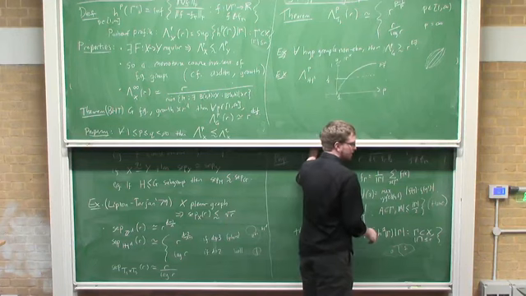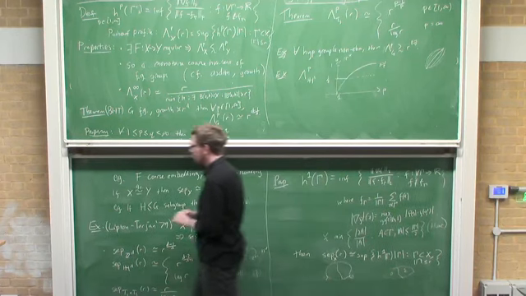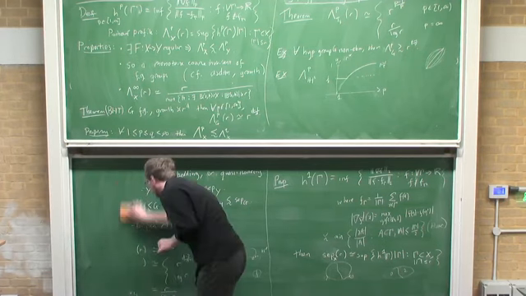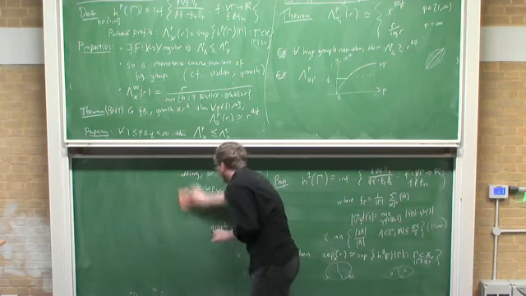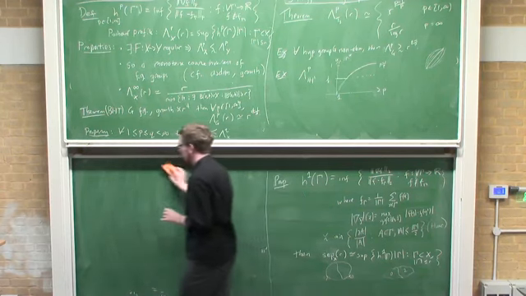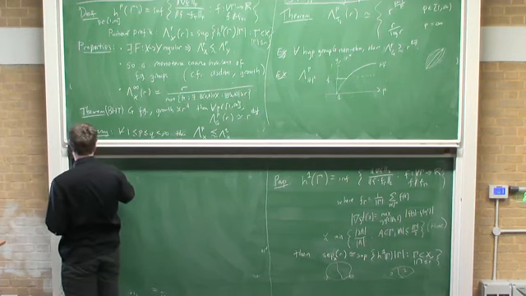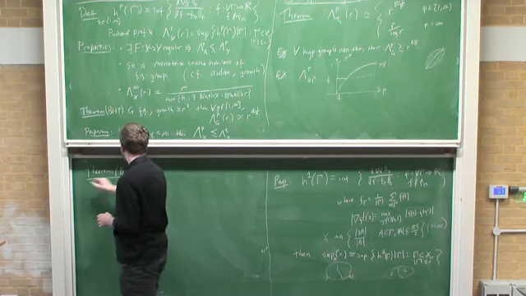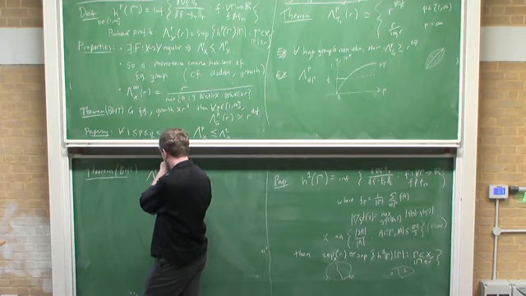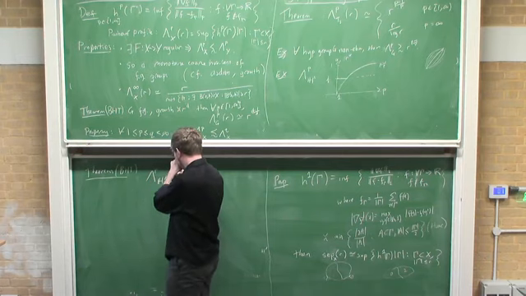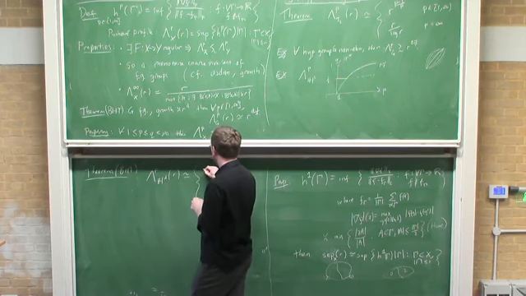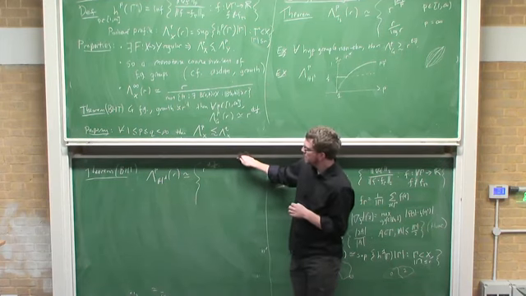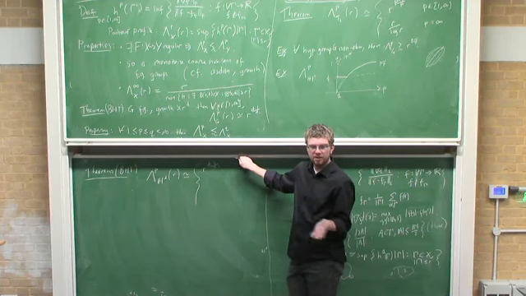This I find interesting because the minimizers, or the sets that you need to look at for different values of p, are different. So when p is small, we have the spheres.